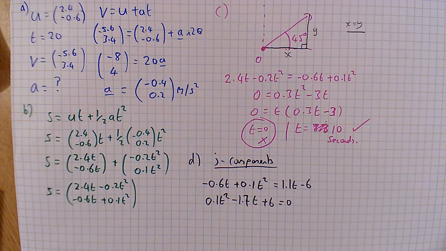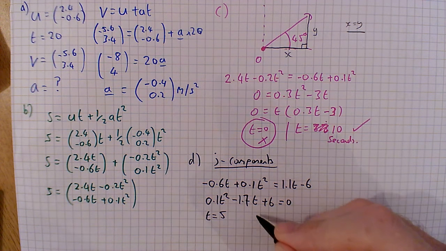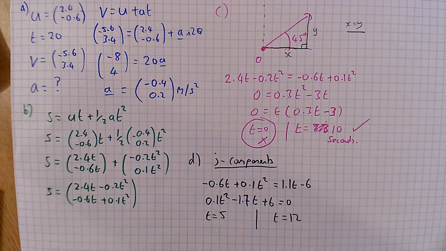Okay, so when I solve that, I get two values, very nice. I get t equals 5 or t equals 12. So that is when they have the same j component.